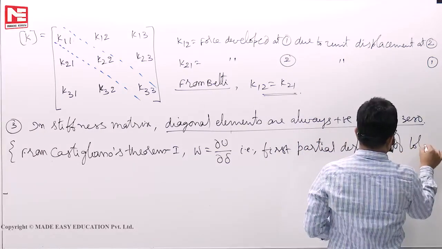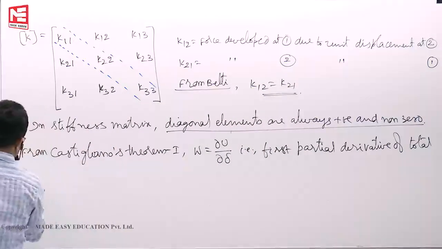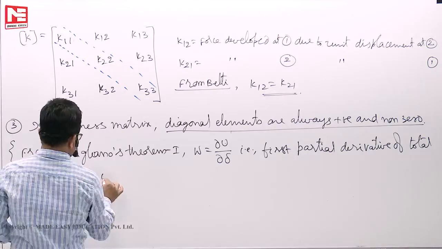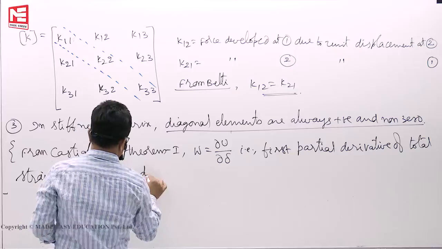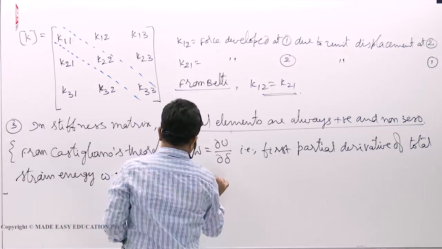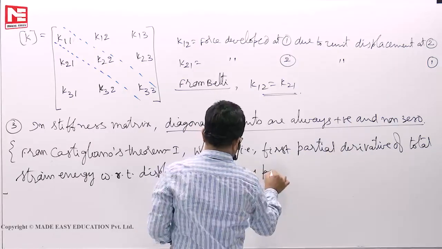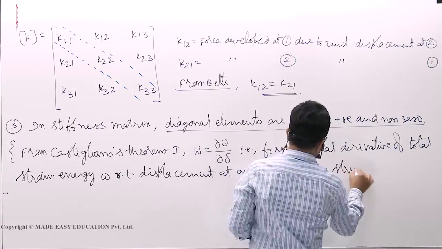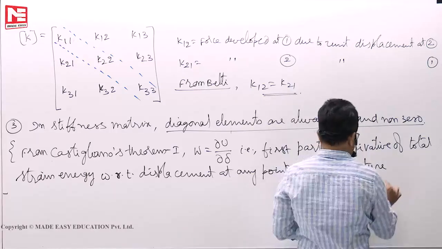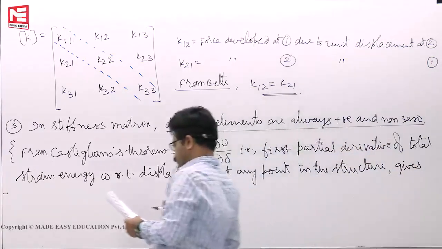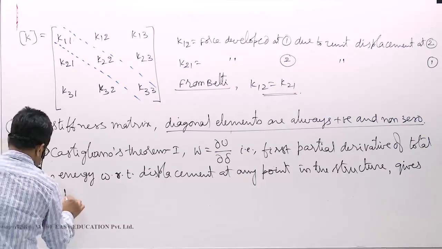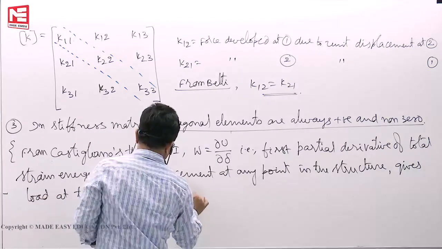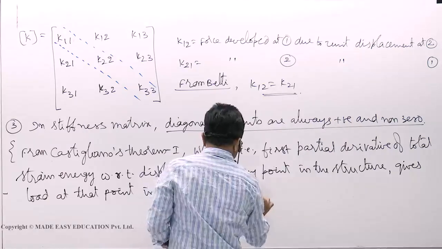of total strain energy with respect to displacement at any point in the structure gives the load at that point in the direction of displacement only.